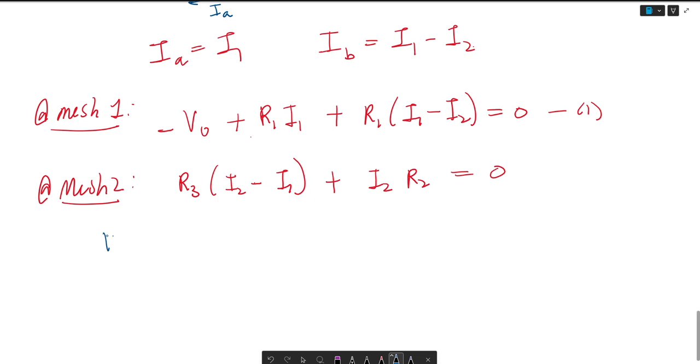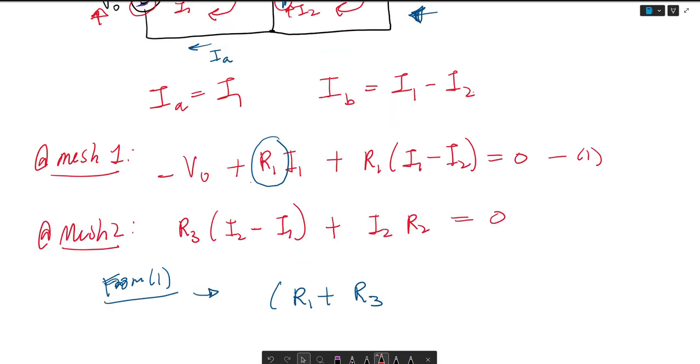Okay, so now we can write some equations. So from 1, I could say that R1 plus R3. I made a mistake here.